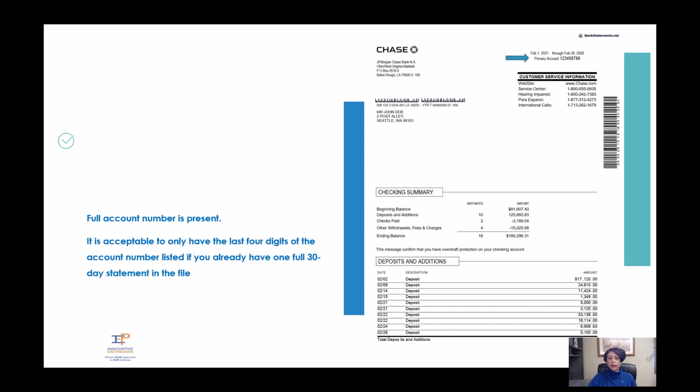It is acceptable to only have the last 4 digits of the account number on there, as long as you do have one full statement in the file so you can match the account numbers up. You also need to make sure that the account statement goes for a full 30 days. 1 or 2 months are required for most AUS findings.